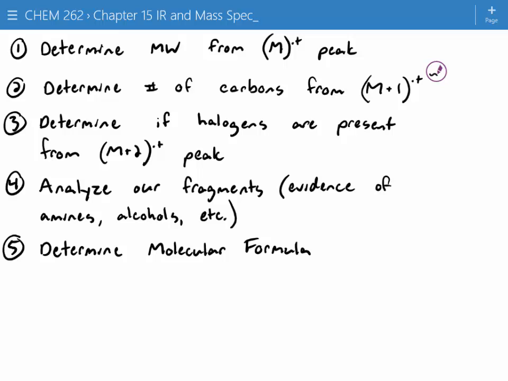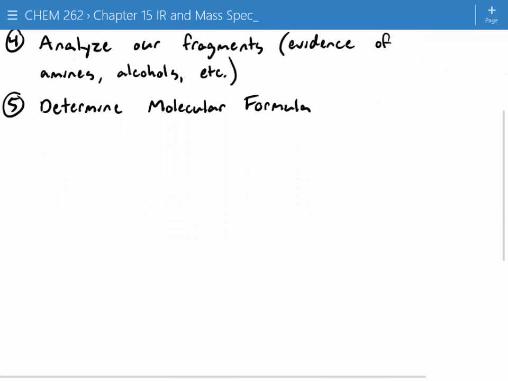Usually an alcohol will have that loss of water peak. We can determine the number of nitrogens. How will we know if there's an odd number of nitrogens in there? It's an odd molecular weight, right? So we can pick up a lot of these clues and try to piece together a molecular formula. Oftentimes it's not super clear, but you have to troubleshoot and try to deduce what you think the molecular formula is.